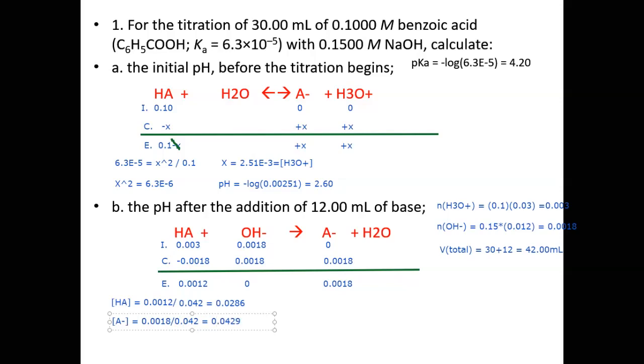Now we can use the Henderson-Hasselbalch equation, because up here I calculated the pKa, which is shown there, 4.2. So now we know that pH equals 4.2 plus log of base divided by weak acid.